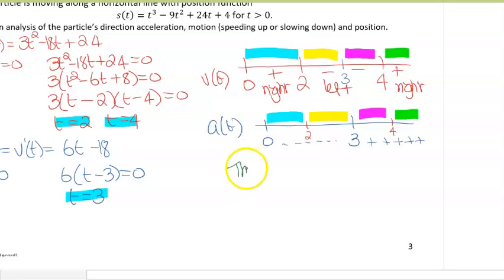Okay, so the particle is speeding up when it has the same sign. So it has the same sign, these are all negatives.